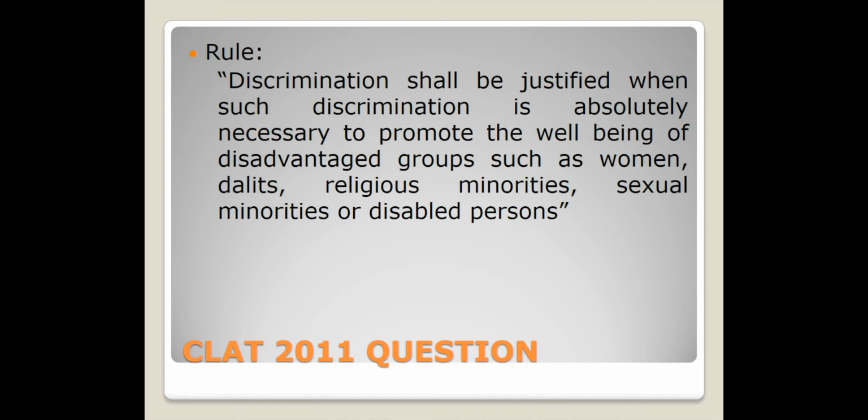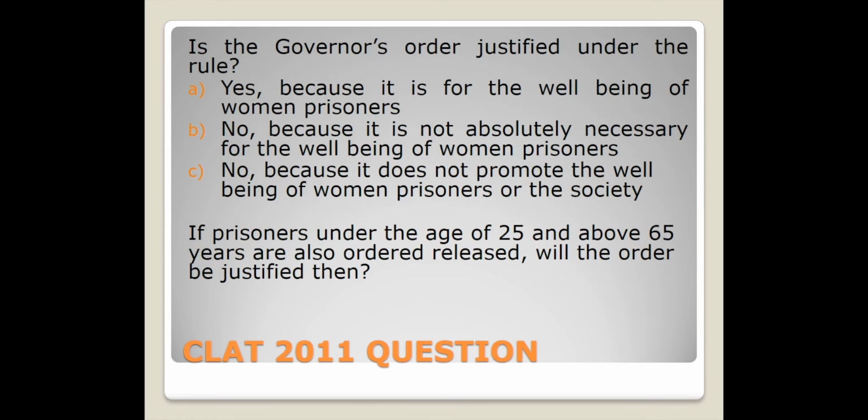So a group of people who are below the age of 25 and above the age of 65 are not women or Dalits or religious minorities or sexual minorities or disabled persons. So in case prisoners under the age of 25 and above the age of 65 are also ordered release, the order will not be justified under this rule.